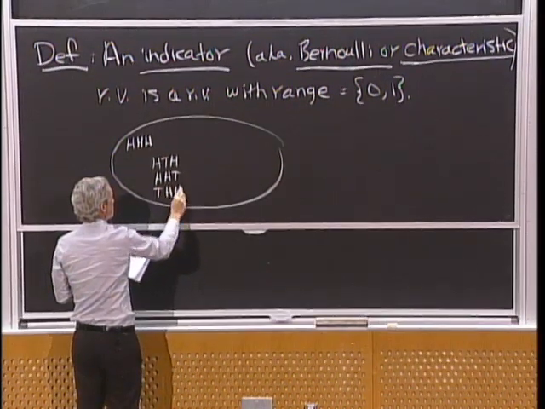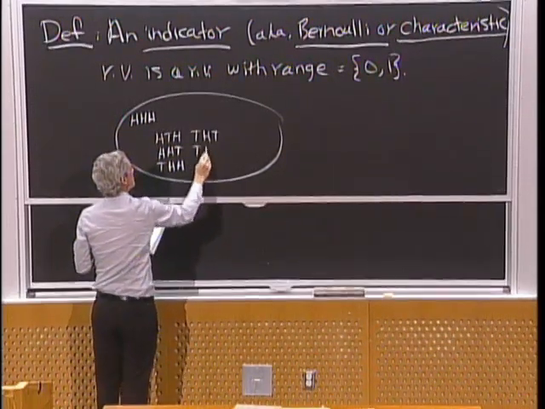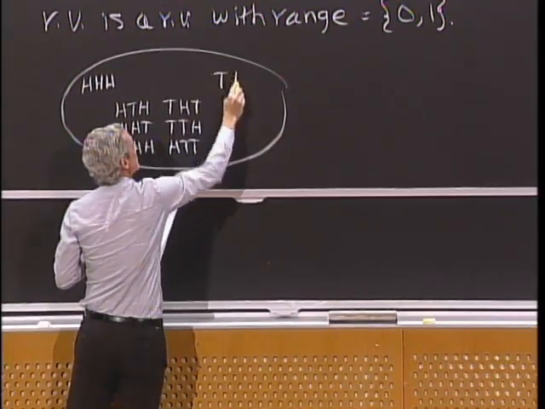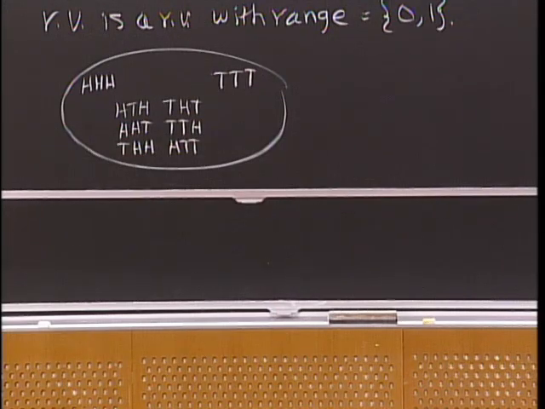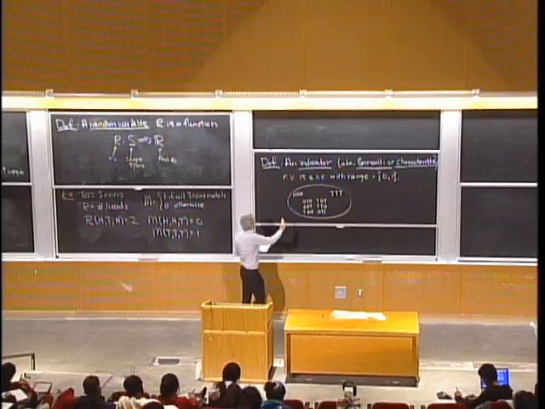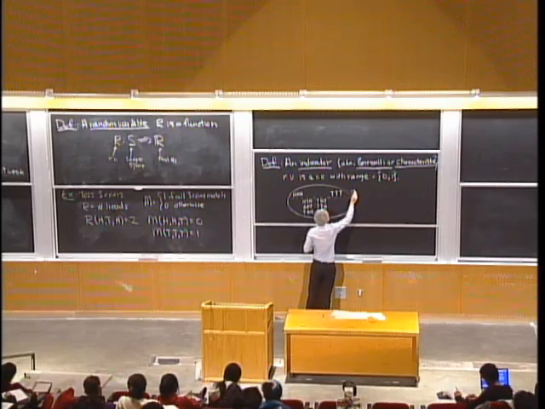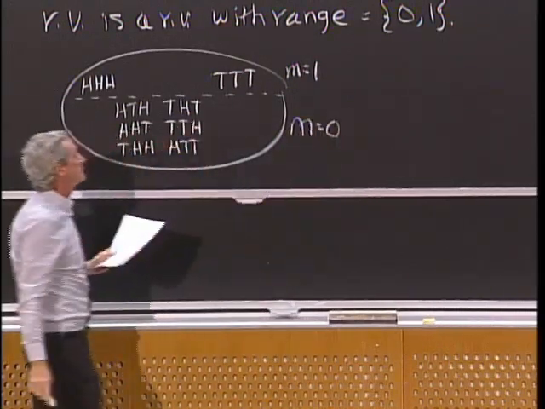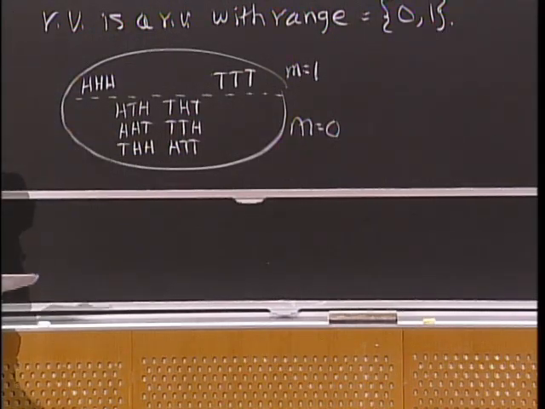Tails, heads, heads. And the reverse of those. All right, this is the sample space when I toss 3 coins. There's 8 possible outcomes. The random variable M defines this partition. Up top you have M equals 1, and down below you have M equals 0. Because these are the outcomes where all the coins match. These are the ones that don't.